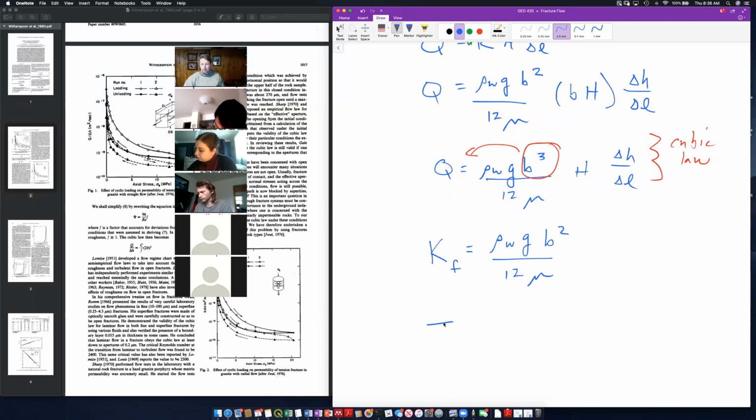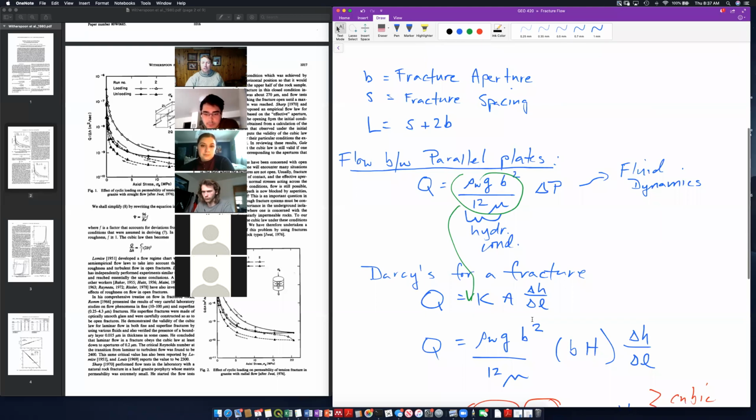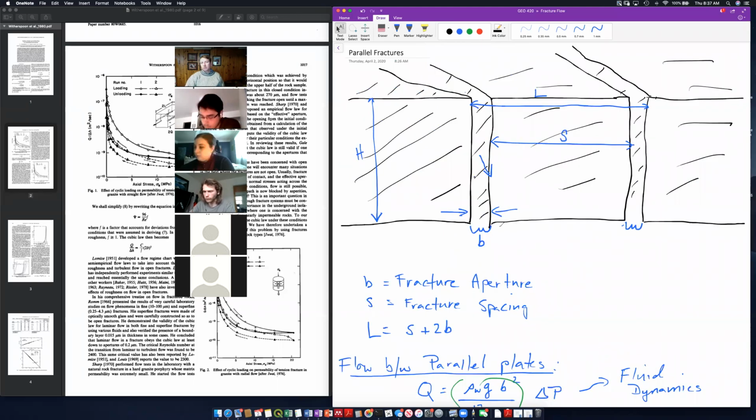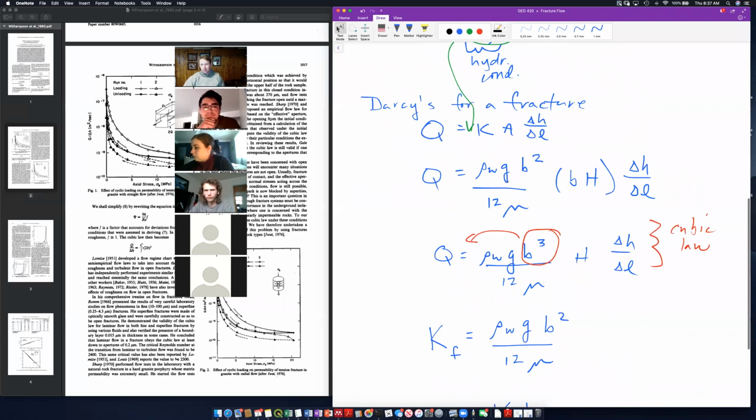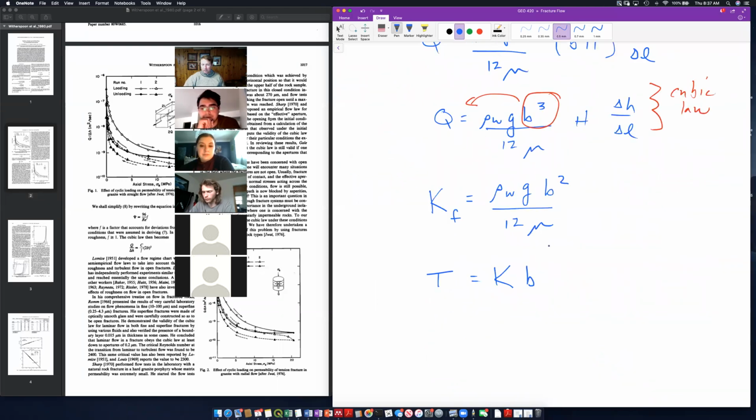K, or KB? KB. So the transmissivity is equal to K times the thickness of the unit through which flow is occurring, the thickness of my aquifer. All right, so KB. So when we look at our fracture, the thickness through which this is occurring is really our fracture.